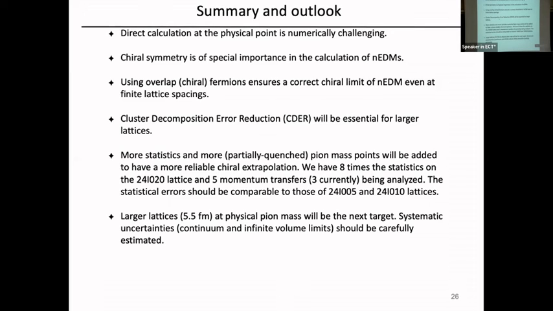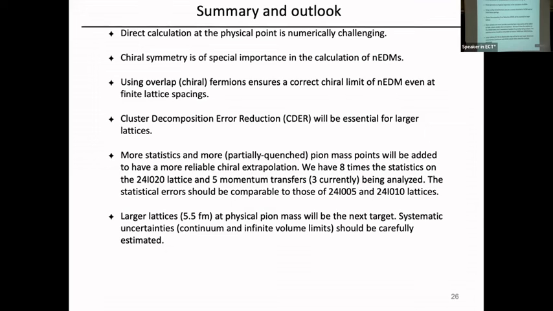And more statistics are coming. Actually, we have them: partially quenched bare masses will be added to have more reliable chiral extrapolations. Hopefully we'll have some results very soon, hopefully next week. The largest quark mass has 8 times the statistics and 5 momentum transfers instead of 3, and that will bring down the errors.